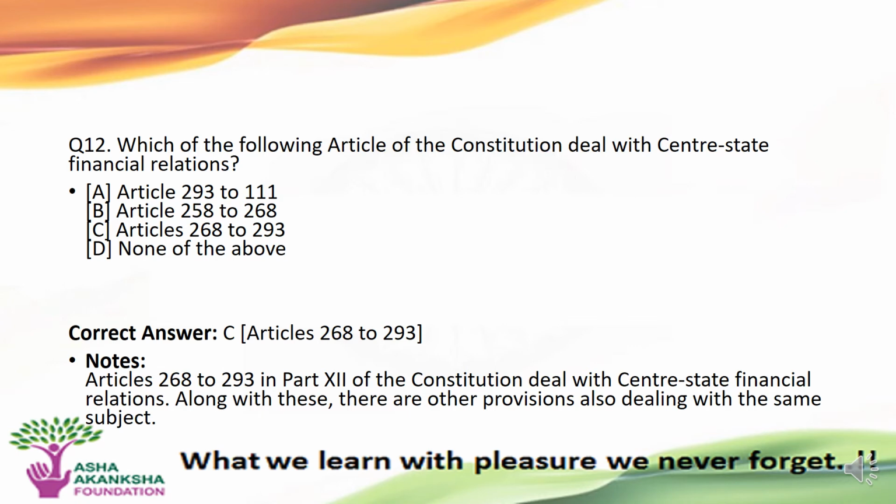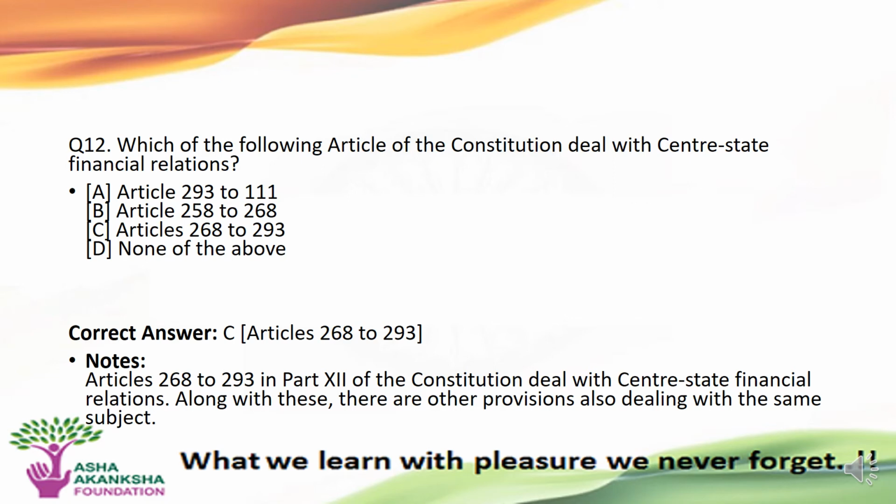The next question is, which of the following articles of the Constitution deals with center state financial relation? Options are A. Article 293 to 111, B. Article 258 to 268, C. Article 268 to 293, or D. None of the above.